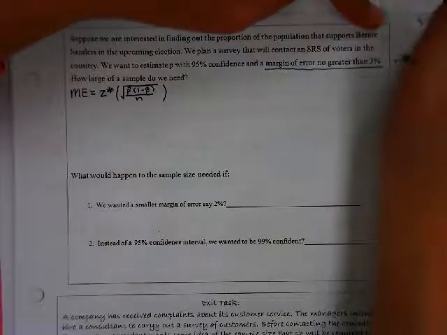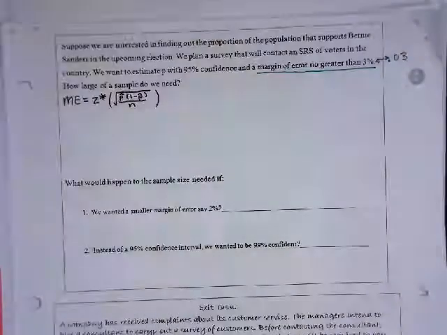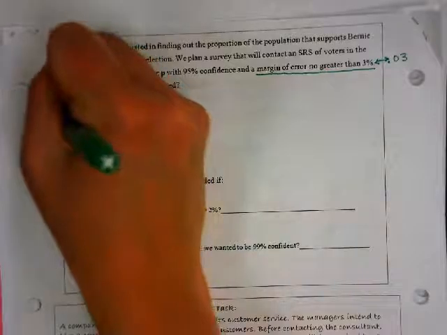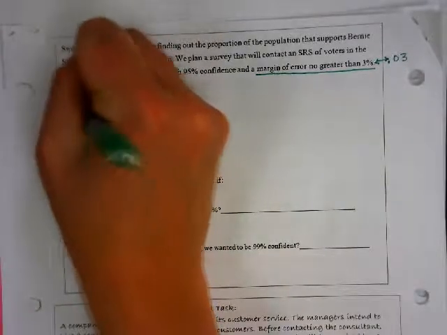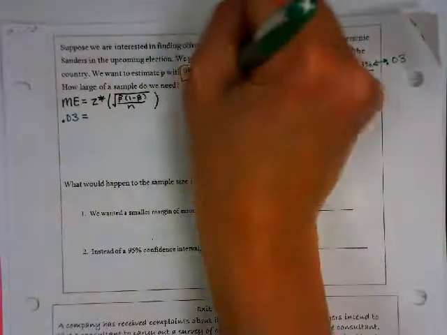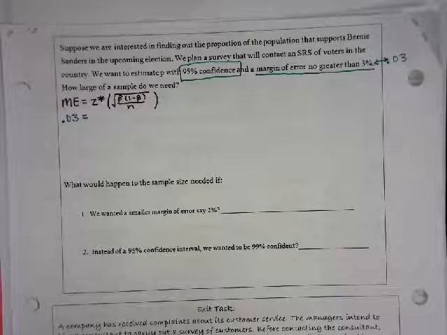We're looking at 95% confidence, so what's our z star? 1.96, thank you. Wait, that's the z star? Yeah, 95% confidence.